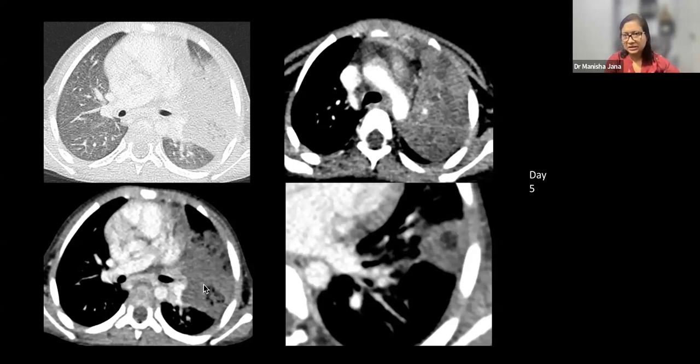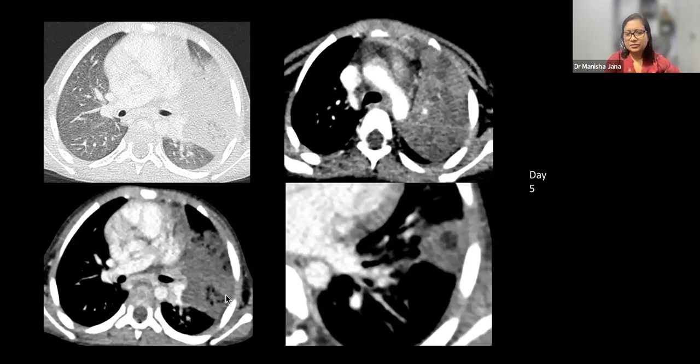Normally, the consolidation area has intact blood supply, so it will enhance well. It will be very much hyperdense. But whenever we see these areas of low density, it means the blood supply is getting compromised, and that part is on the verge of getting necrosed and devitalized.